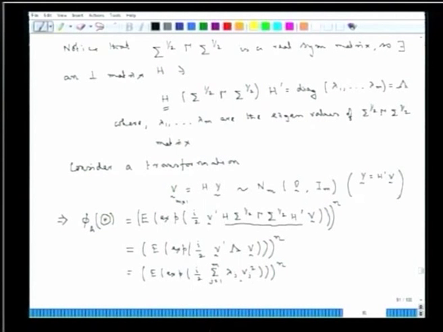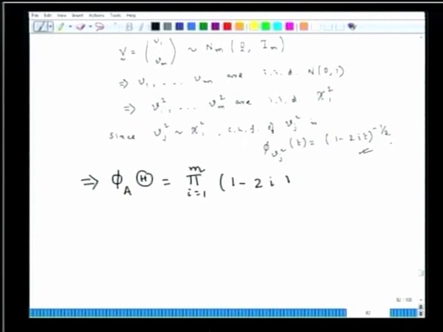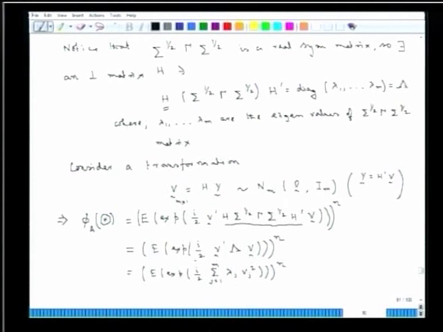Let me write this index as j because we have already used I for the complex number. So this is 1 minus 2 I times lambda j by 2, whole raised to the power minus half, and then this entire expression is raised to the power n. Inside this bracket is this quantity computed for each of the chi-square random variates, and that is raised to the power n.